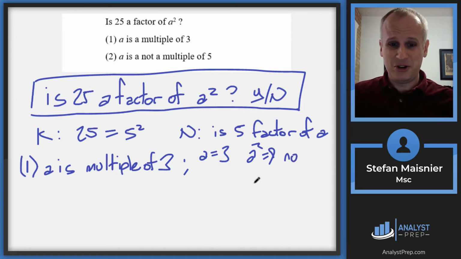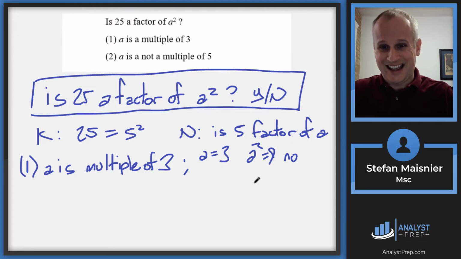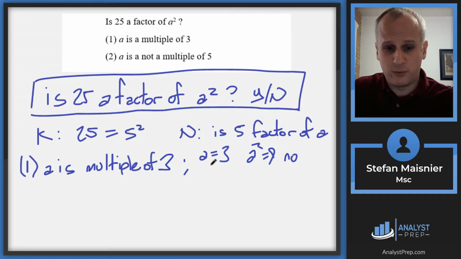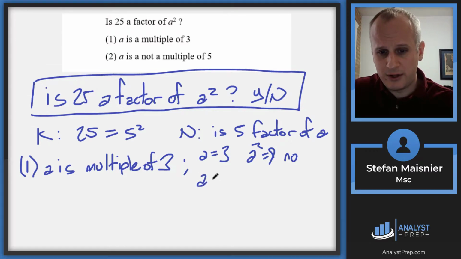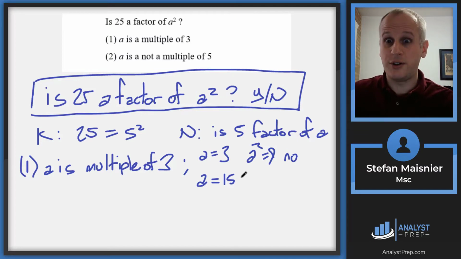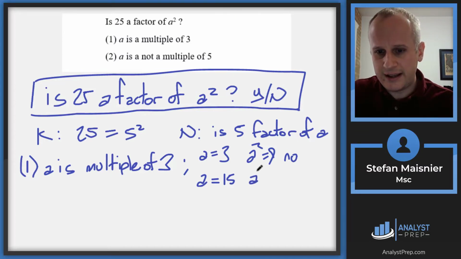But we've got no limitation saying that a doesn't have a factor of 5 paired with that multiple of 3. So if a were to equal, say, 15, 15 is a multiple of 3, but it's also a multiple of 5. And a squared here would be equal to 225.